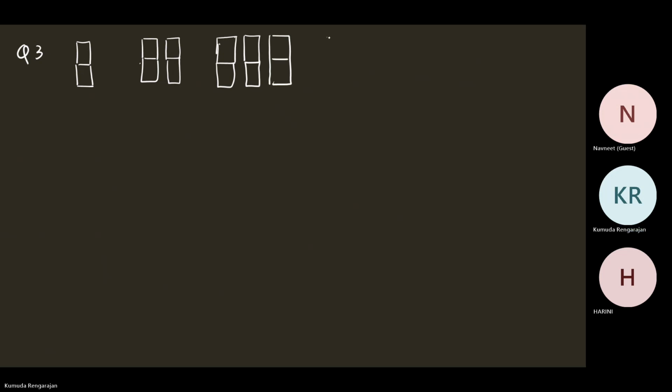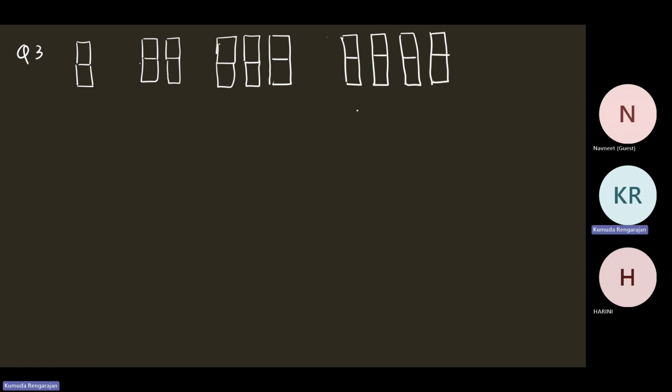Third term. Fourth term, and so on. First term, second term, third term, fourth term.